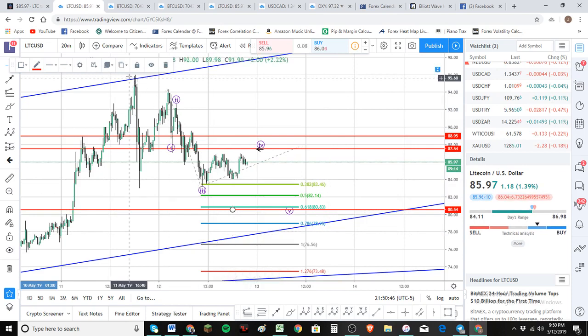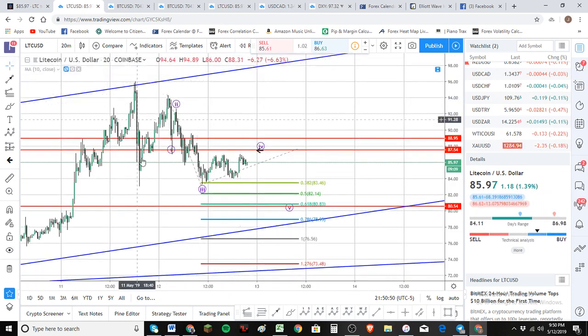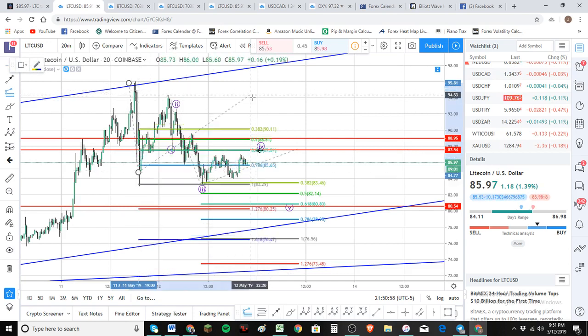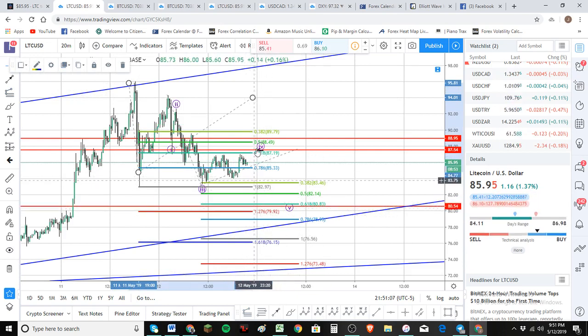If we project the A to the bottom of A to the top of B, you can see the 1276 lands at about $80. And so we're looking for this to come down after this 4 is finished, to come down to about the $80 mark.